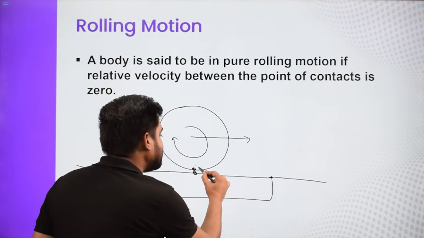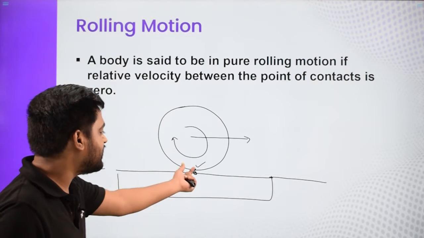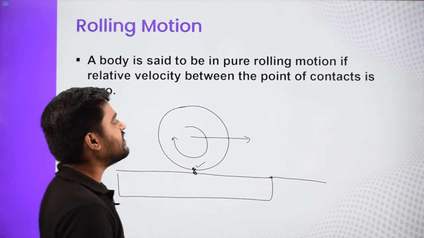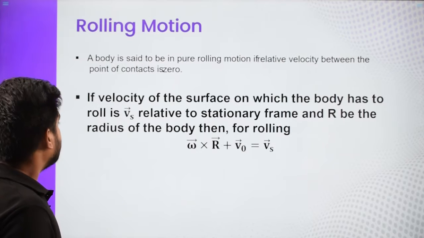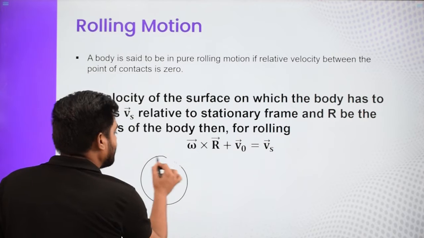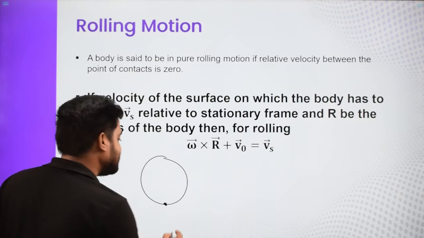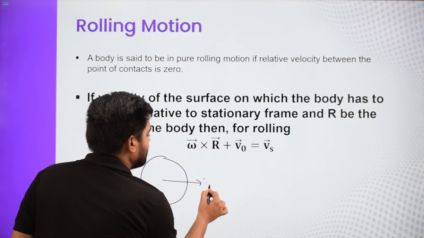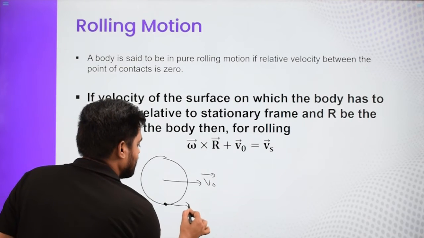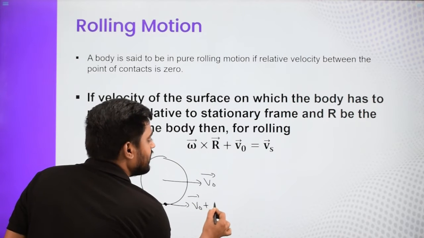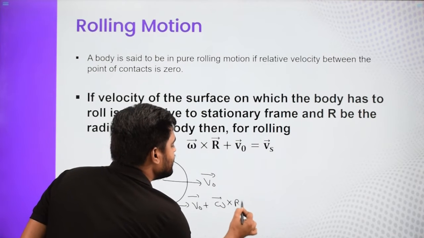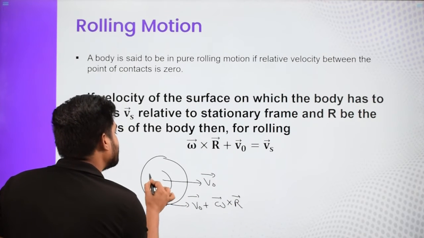This is the velocity of the point of contact on the rolling object, and this is the point of contact on the surface. If these two velocities are the same, then we say that there is pure rolling. What is the velocity of this point lying on the object? It is going to be v naught, the velocity of the center of mass of the object, plus omega cross r, the velocity due to rotation because it is rotating with omega also.